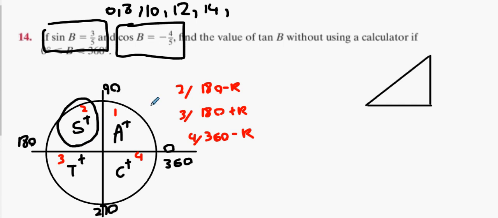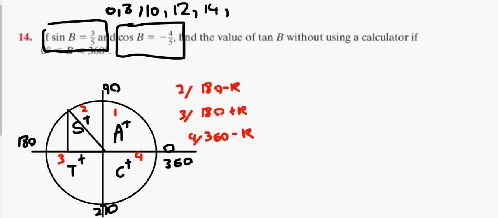So we straight away know that this is a quadrant 2 triangle. And we straight away know that tan is going to be negative, because it's in quadrant 2. Alright? And this is without using the calculator. We're going to use the calculator in a second to check our answer though, so don't worry about that. Alright?